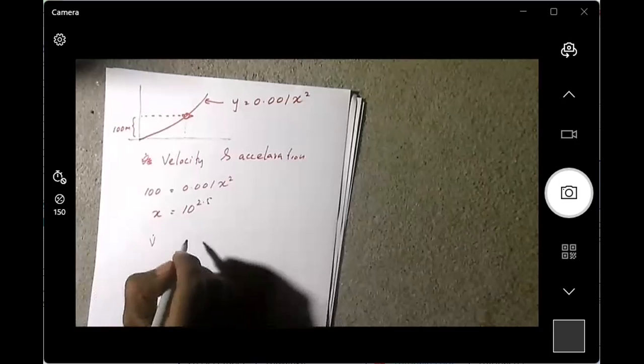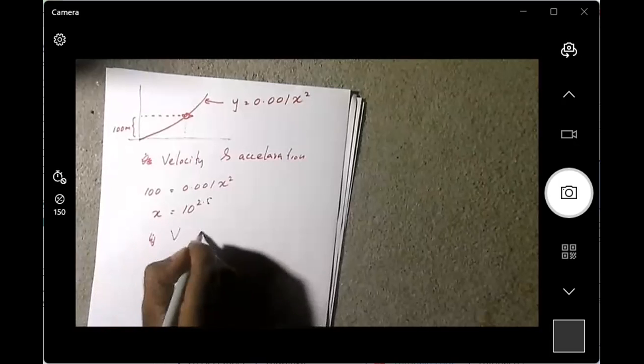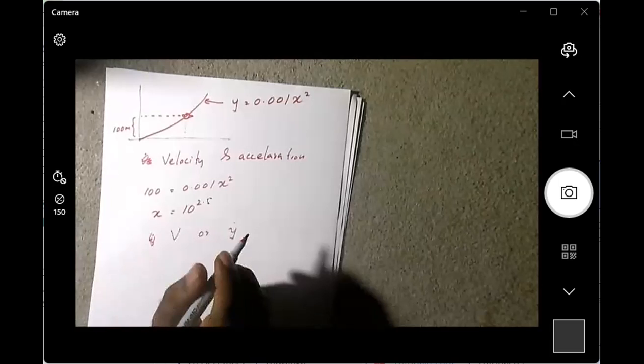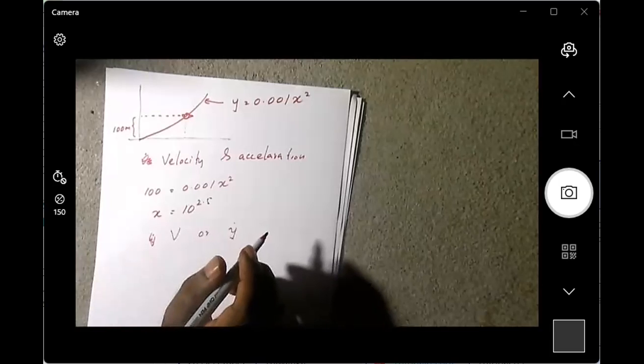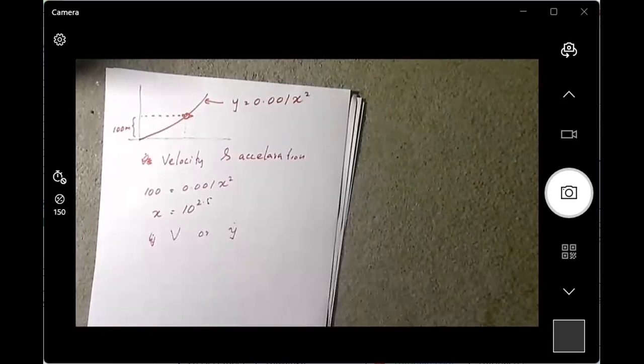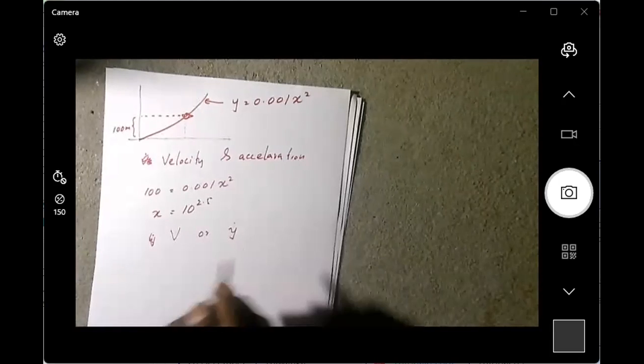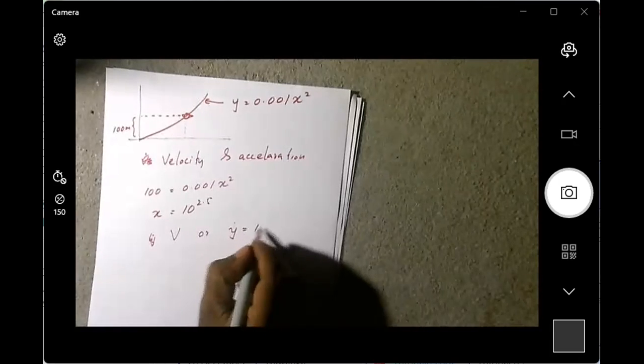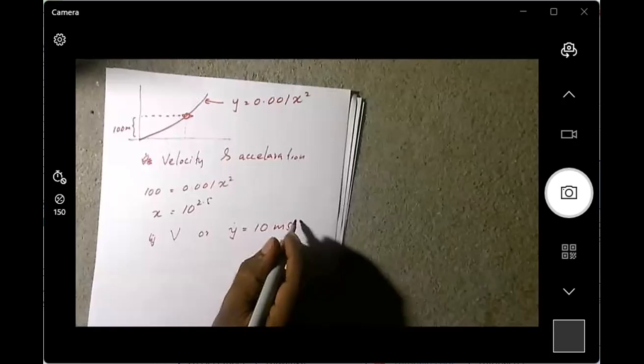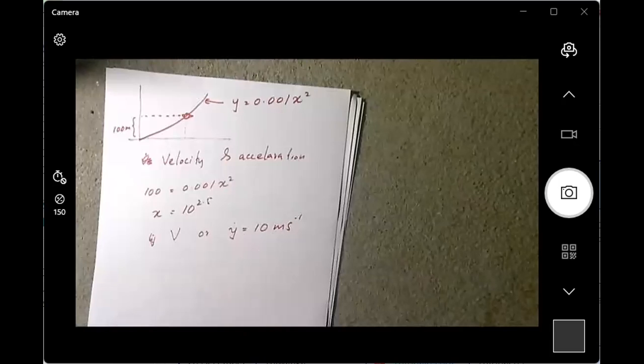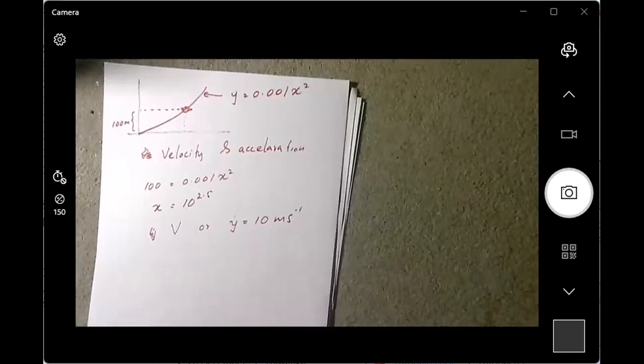Is it v, the velocity, or is it y dot, the vertical component? What do you think? It says rising, that means it is the vertical component. So y dot is given as 10 meters per second. So this is all what we get from this question.